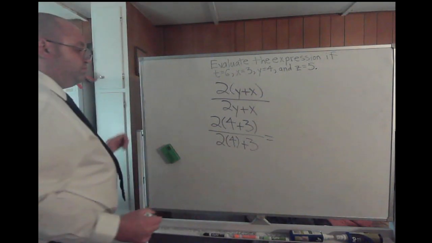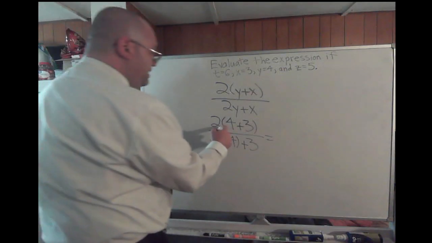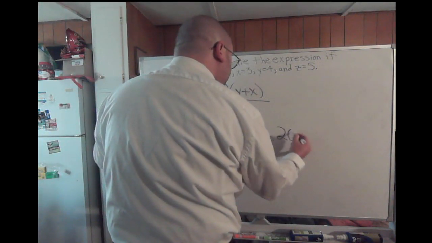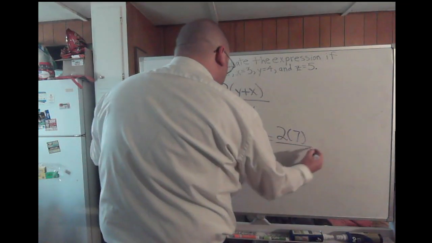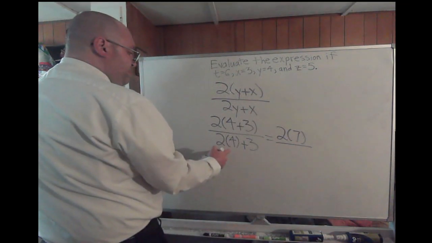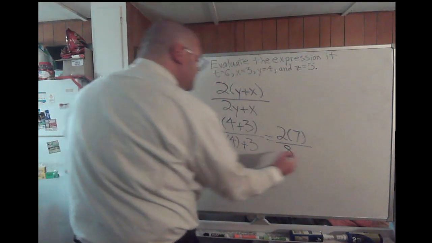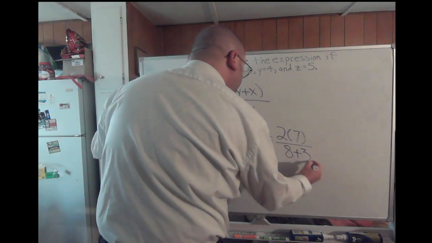So now, let's work with the numerator. 2 times the parentheses, 4 plus 3, that's going to be 2 times 7, over the denominator, which is 2 times 4, that's 8, plus 3, which is 11.